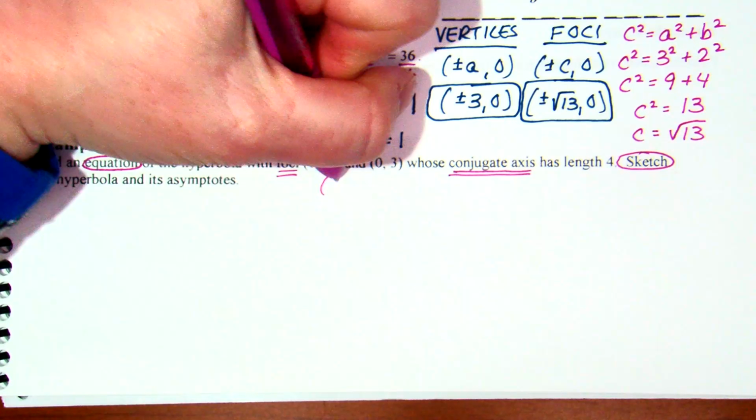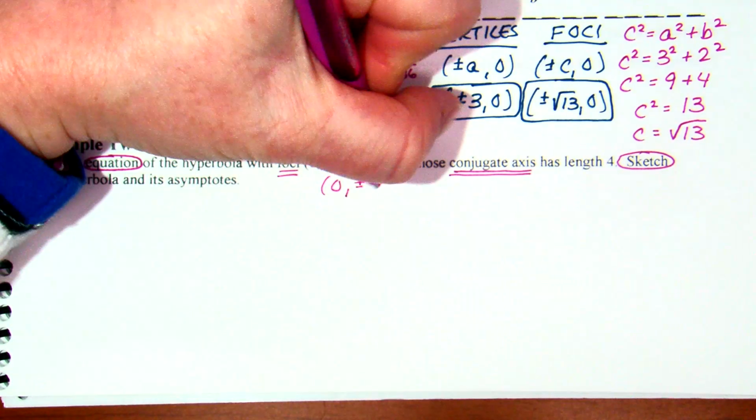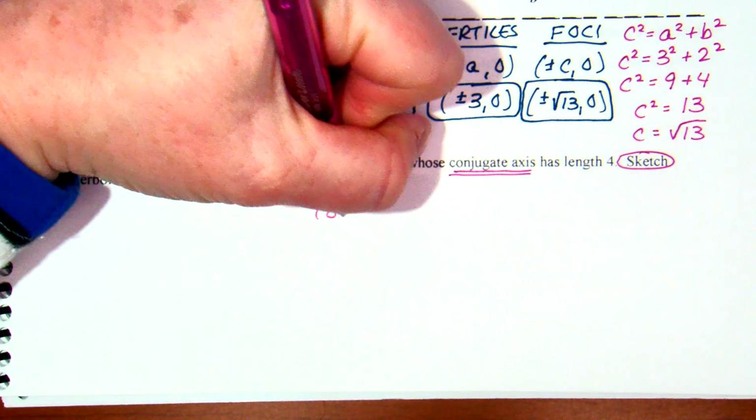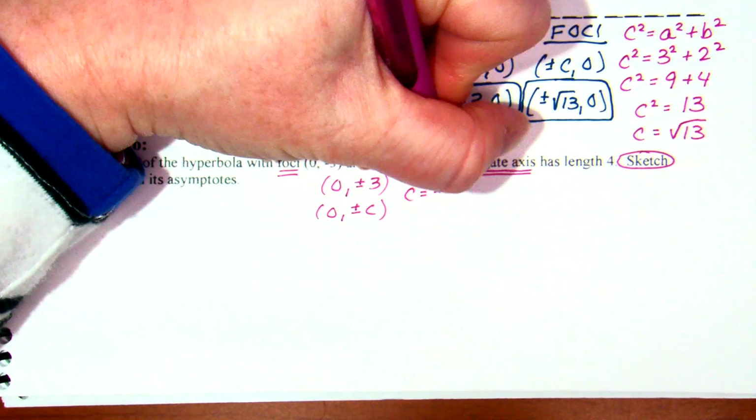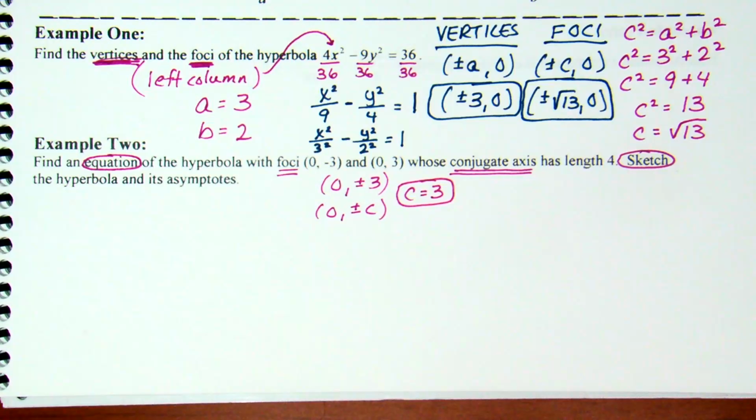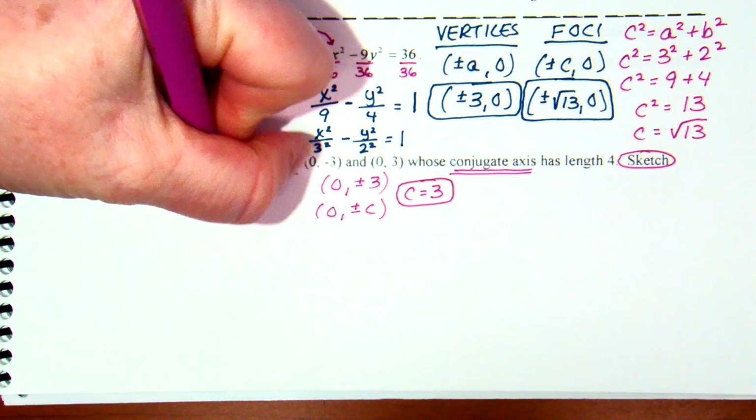So this is 0, comma, plus or minus 3, which fits the format of 0, comma, plus or minus C, which tells us that C is 3, and since it's 0, comma, plus or minus a number, that tells me that this is a right column problem.